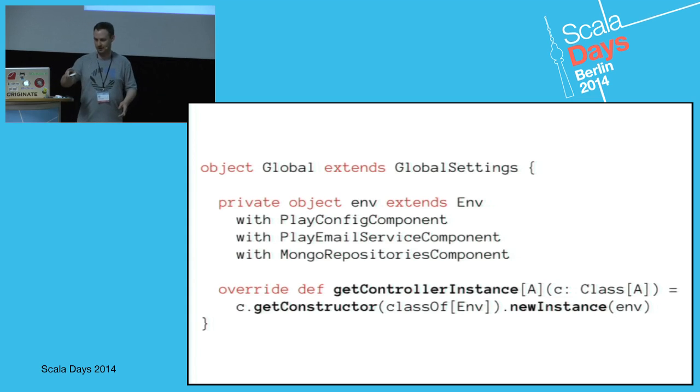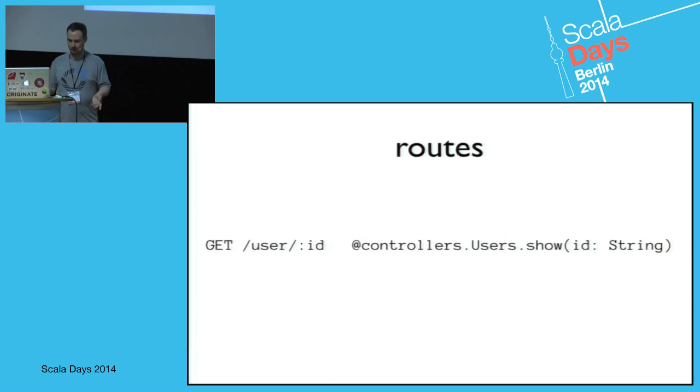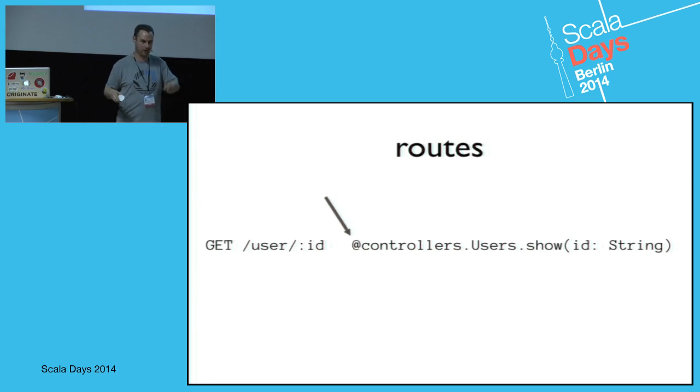So it takes a class. This is the class of the controller, and I find a constructor for that controller that takes the environment, and I just create a new instance. I'm just using Java reflection here. And then in the routes file, you just put this @ sign in front of the action in your routes file, and that tells Play to invoke that dependency injection mechanism.